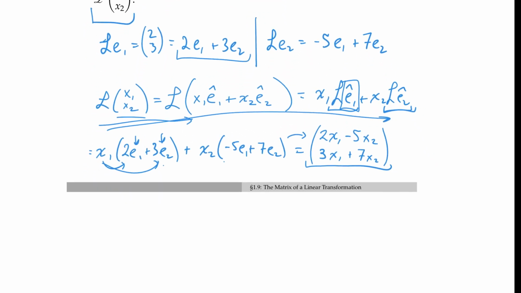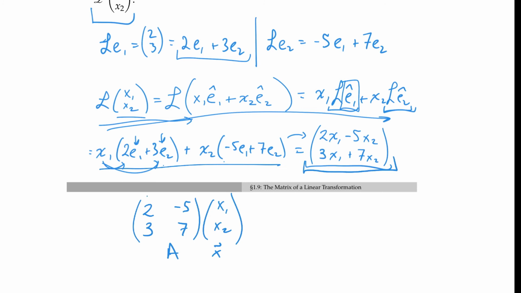Now look at this. How can I see this last expression as a matrix product? Well, that's nothing more than the matrix 2, 3, negative 5, 7 applied to x1, x2. This is like A times some x. It's like the weights along with the columns.